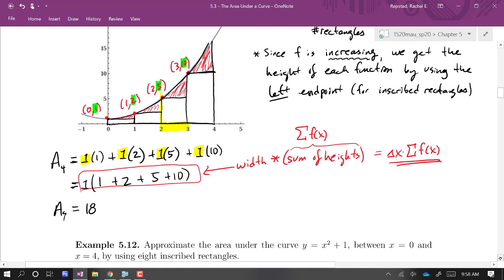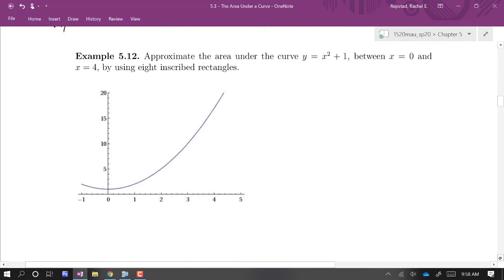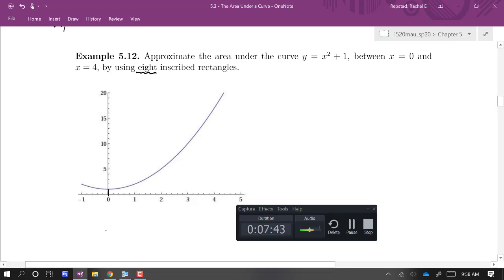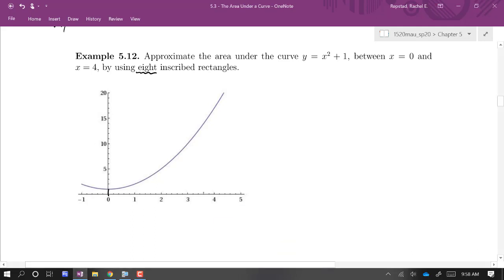So let's do this again. Same curve, same region, right, from 0 to 4. Only this time they say use 8 inscribed rectangles. Same region.